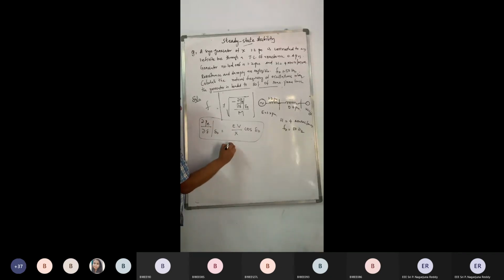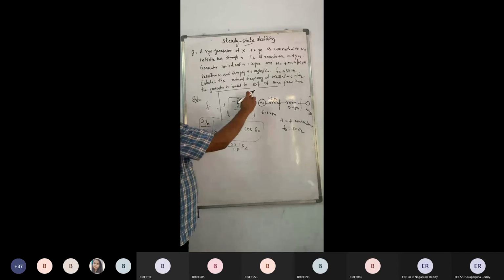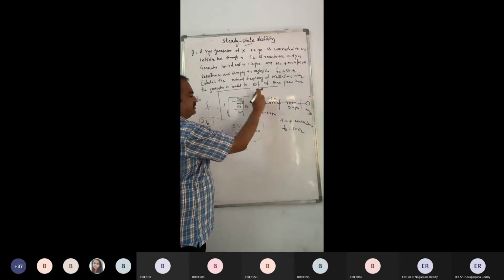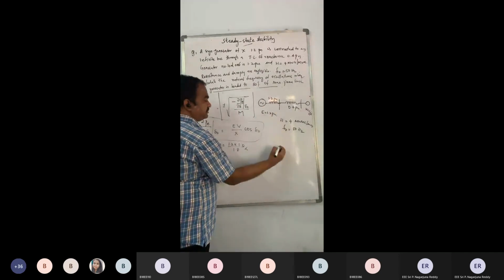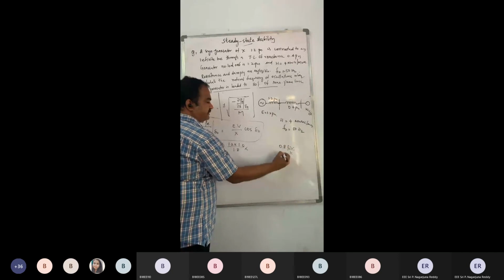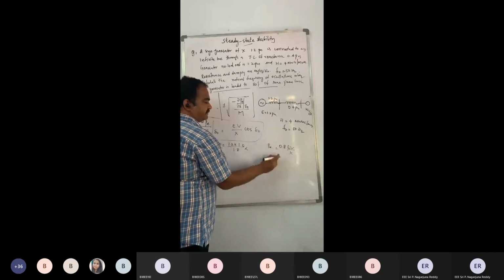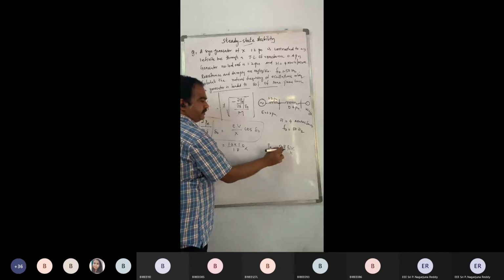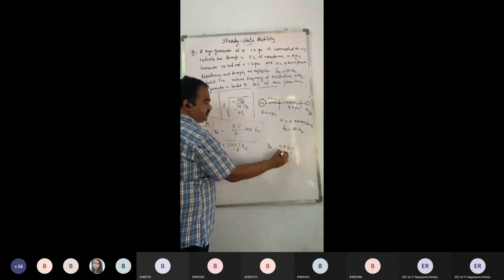What is E? 1.2. V is 1.0, by 1.8 into cos delta naught, which we don't know. But what they have mentioned is that the machine is loaded to 80% of maximum power. What is maximum power? EV by X, right? This is the loading. 0.8 of maximum power. So what does this indicate?